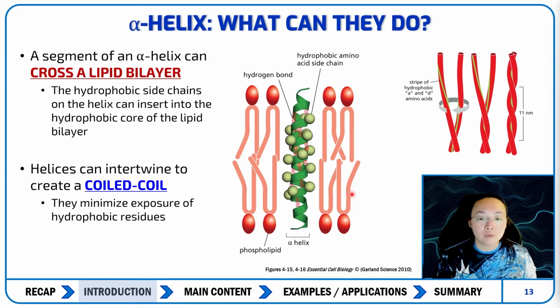The other thing to note is that helices can intertwine with one another to create a coiled coil. You can have two alpha helices, for example, and they can coil together and create a much tougher, more rigid strand. This effectively minimizes the exposure of hydrophobic residues because you now have a partial hydrophobic core within each of these green areas.